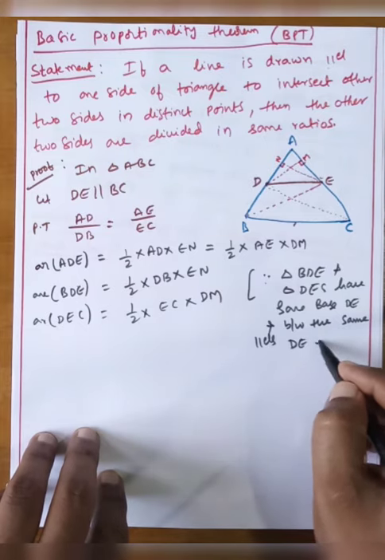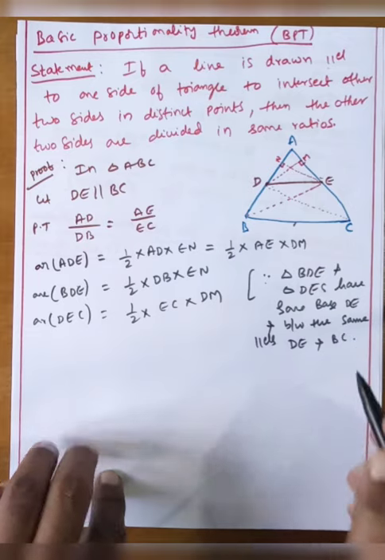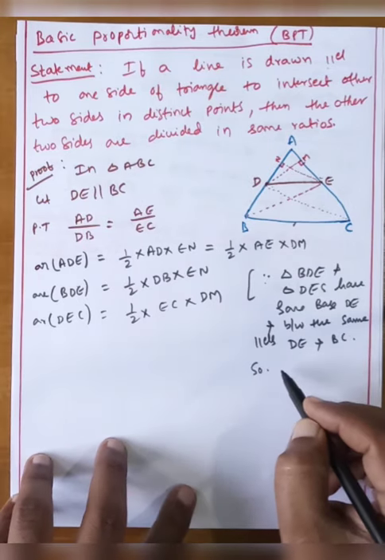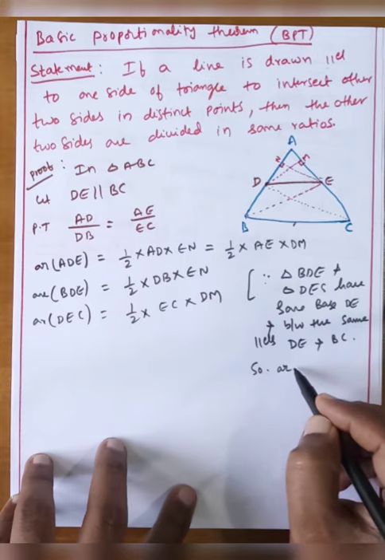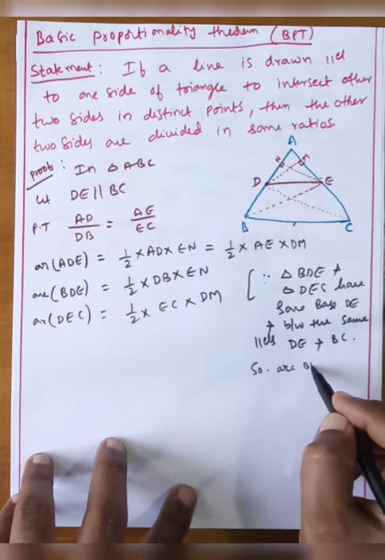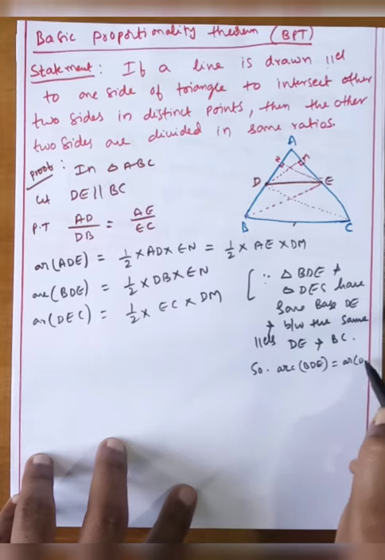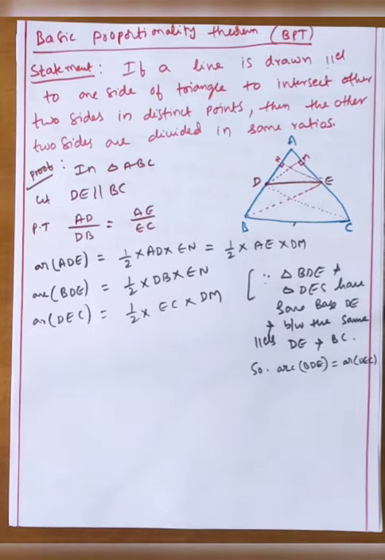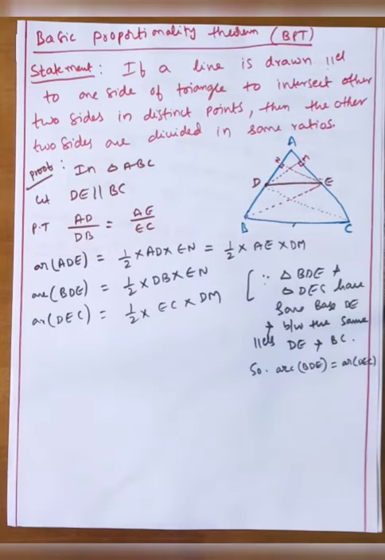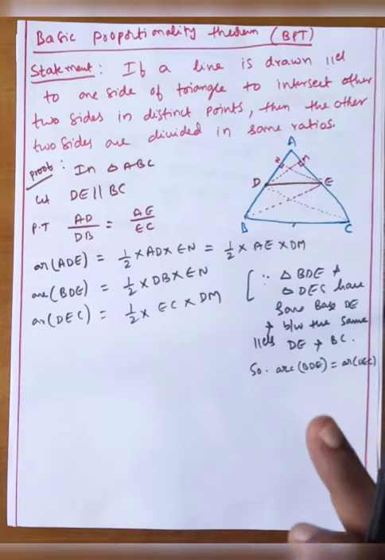So those areas must be equal: area of BDE is equal to area of DEC. Okay, my dear students, I hope you understood. Whenever two triangles have the same base and lie between the same parallel lines, their areas must be equal. This one also equal. What is going on here?